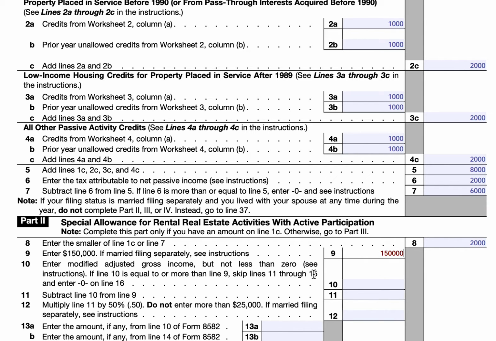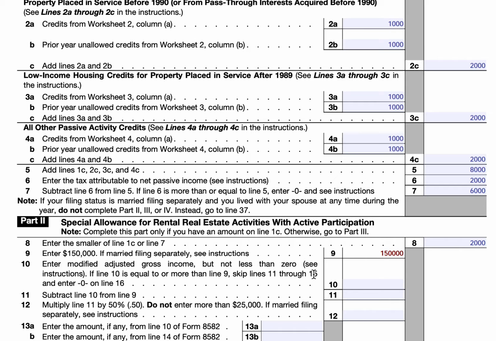Now, modified adjusted gross income. You're going to enter that in line 10. It is a standard term that is used throughout the IRS. However, it does have different meanings based on the tax situation.